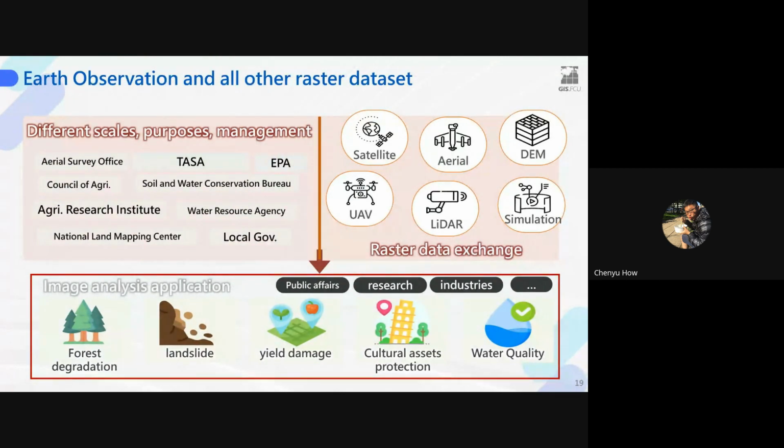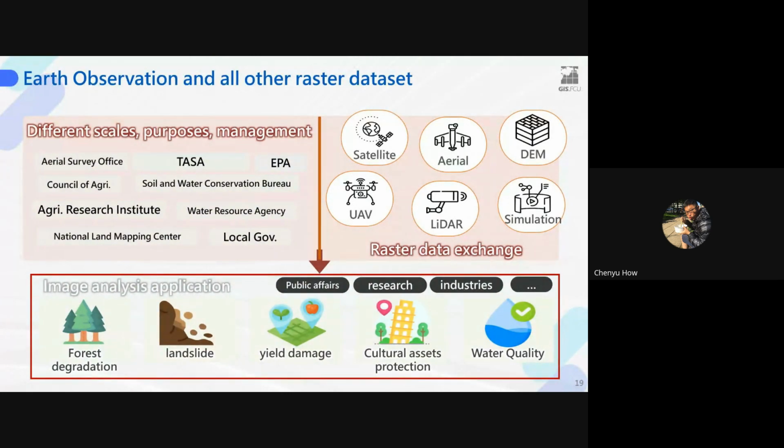And due to the characteristic of Earth observation data, it is commonly stored in raster format, like some of you mentioned. While the raster format offers simplicity and is easy and general in the analysis process, it may lack efficiency in terms of storage management.